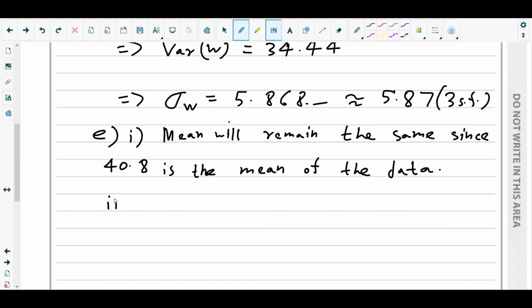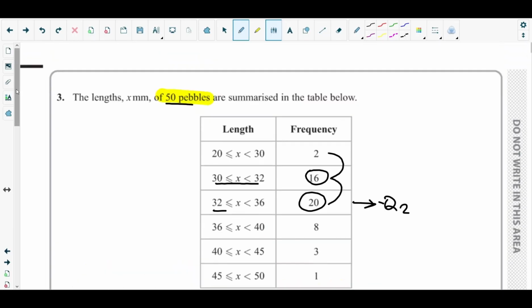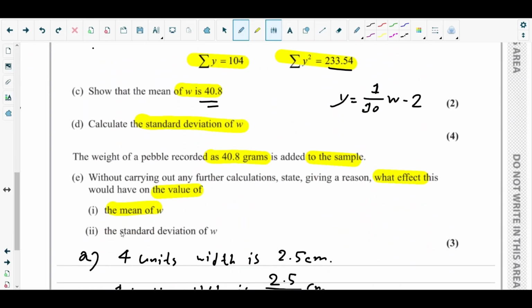Now for part 2, they asked how it will impact the standard deviation of W. Let's consider a concept here. This is a conceptual question. What does standard deviation mean? Standard deviation is a measure of spread.